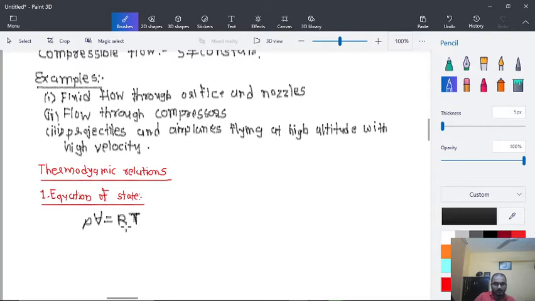And the specific volume can be written as the reciprocal of the density.